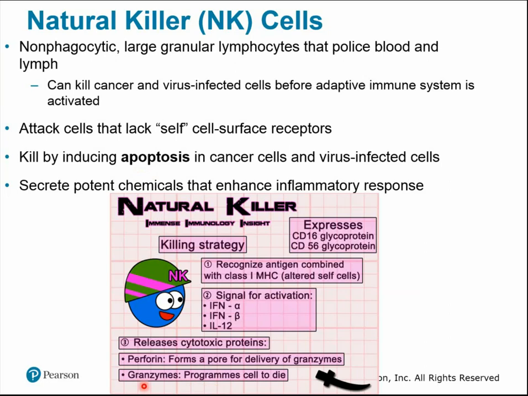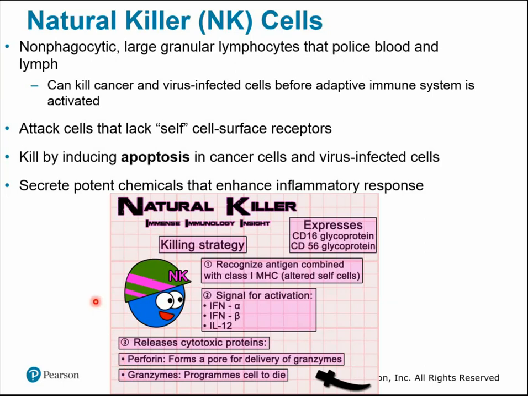It releases chemicals that hack into the pathogenic cell and tell it to self-destruct and kill itself. It can also secrete some enzymes called perforin, which forms a pore in the membrane of the pathogenic cell. So we can poke holes in the cell membrane and we can tell the cell to kill itself.